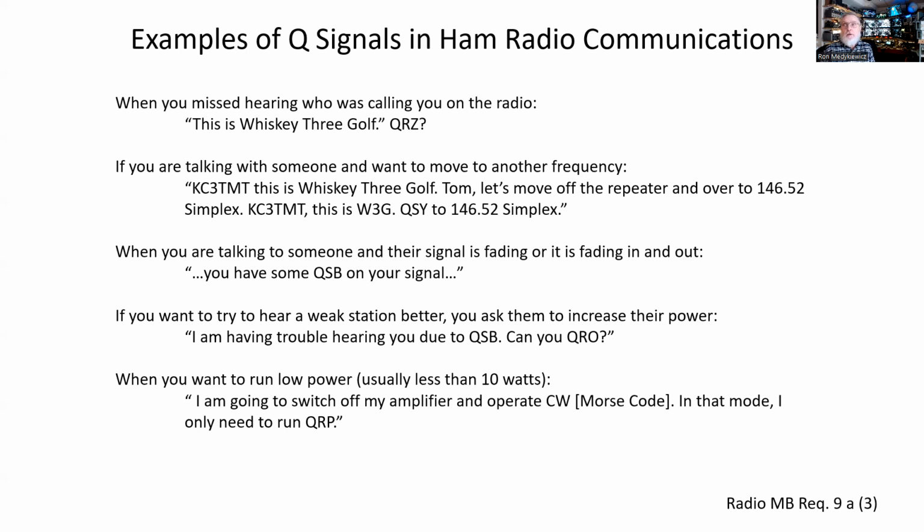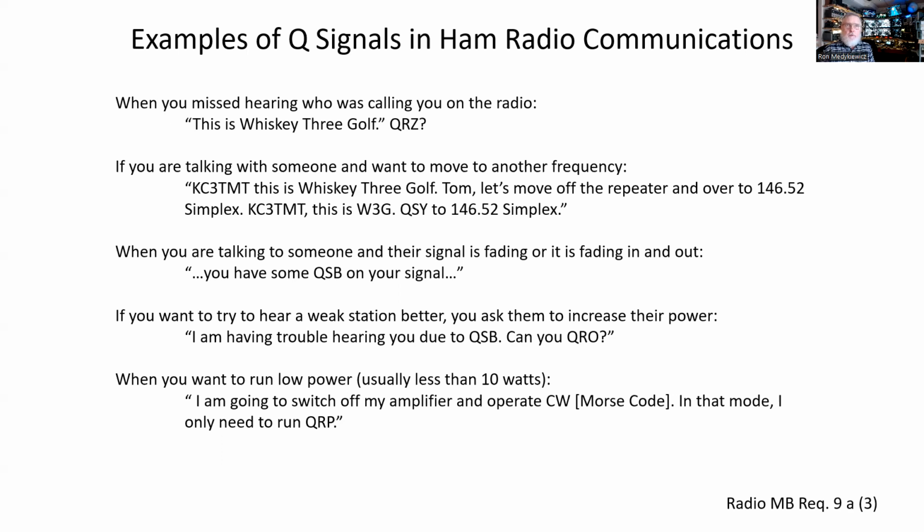Can you QRO? In other words, can you increase your power? They're really helpful on CW. If you're using voice, you just tell them, hey, you've got fading. Can you increase your power? But it does make the communications go a little more quickly and a little more efficiently.